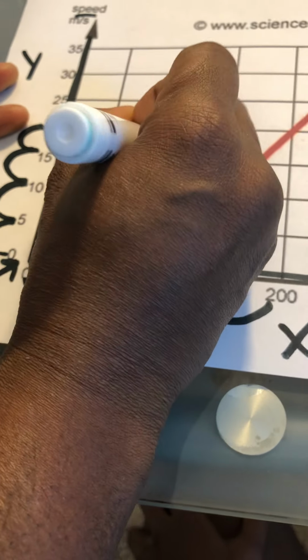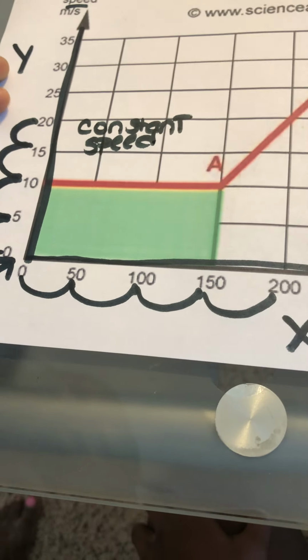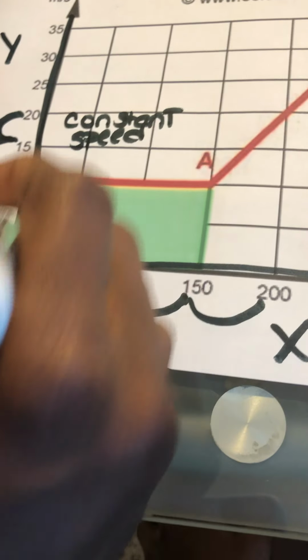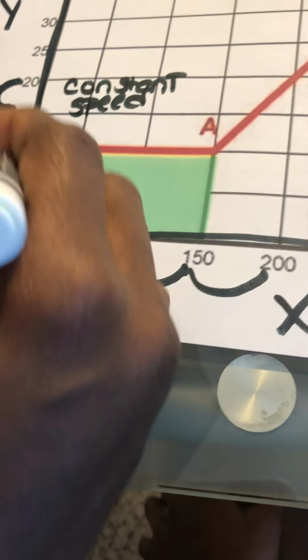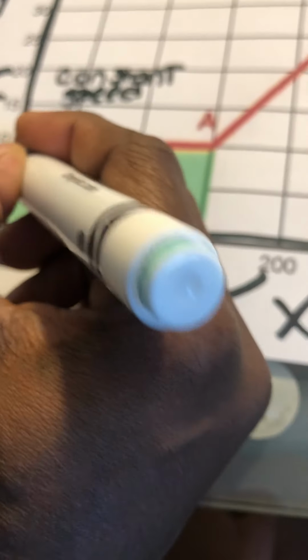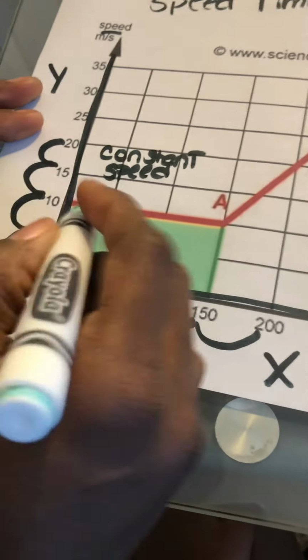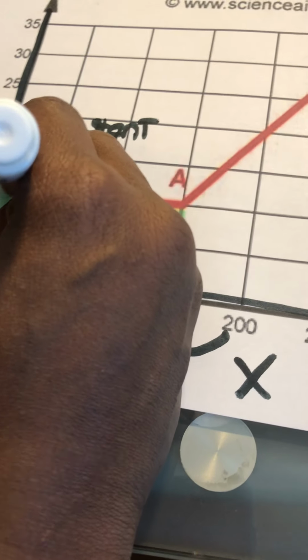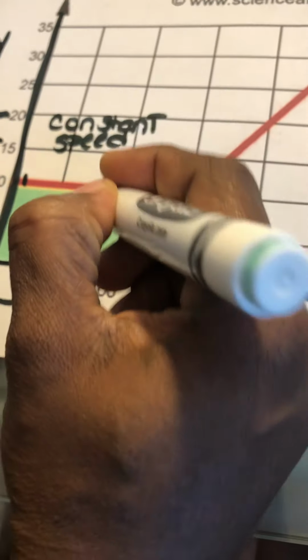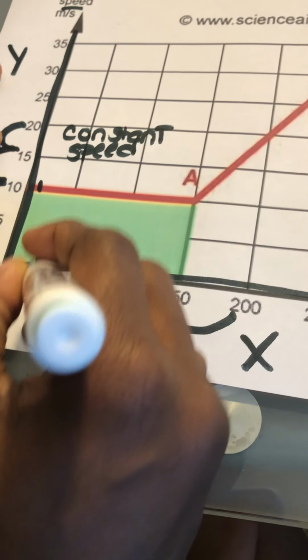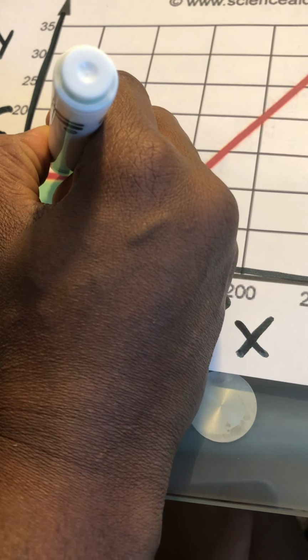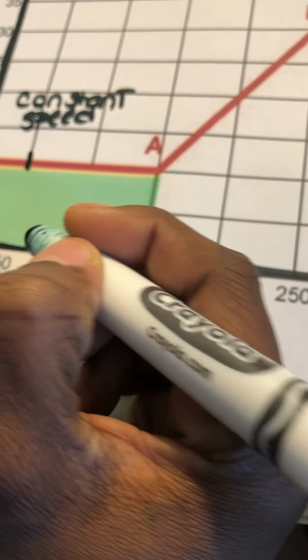And what I mean by constant speed is that here at the point of origin, when the time was 0, we started at a speed of 10 meters per second. When the time was 50 seconds, we were still at 10 meters per second.